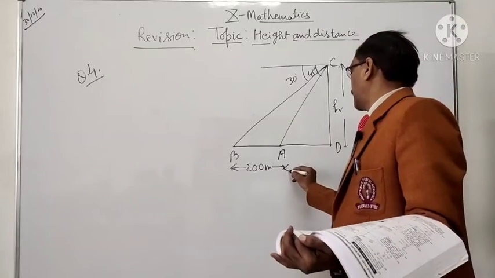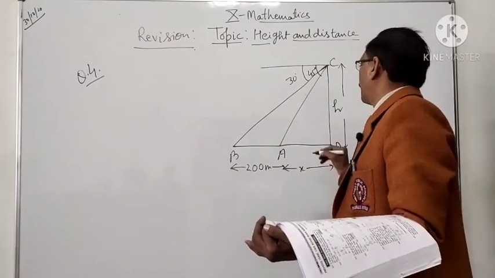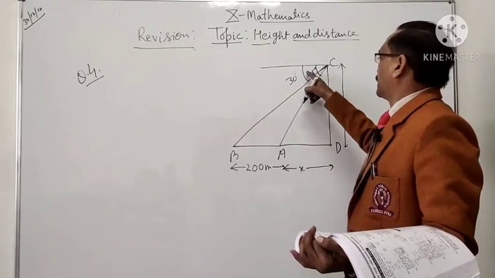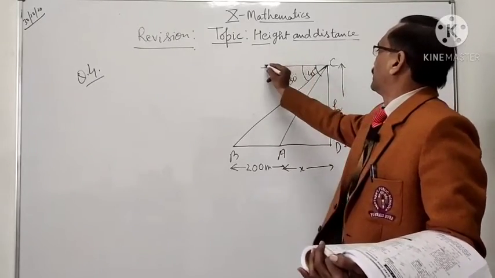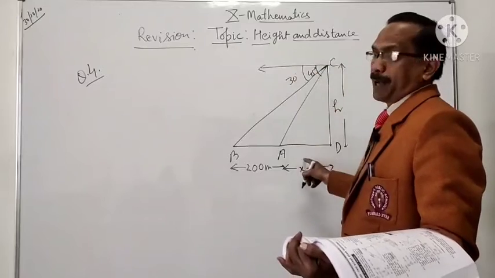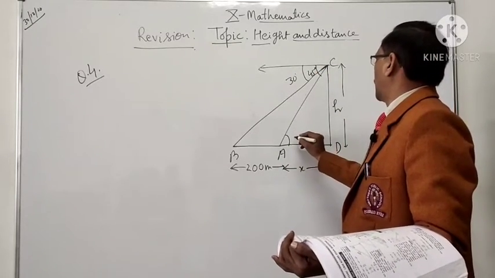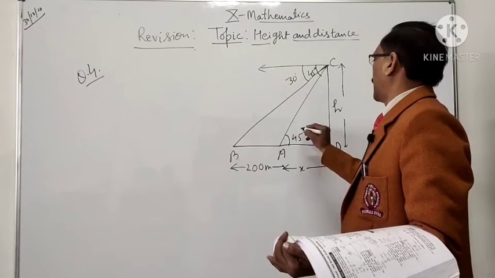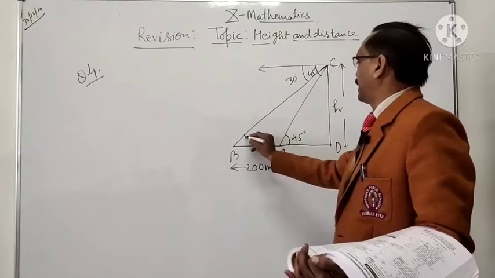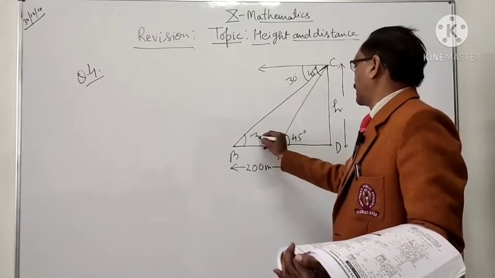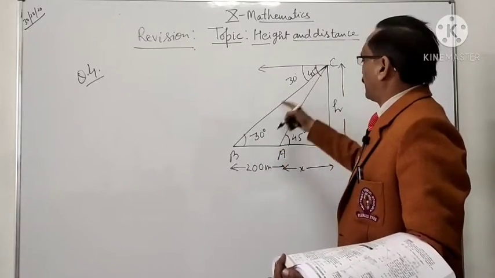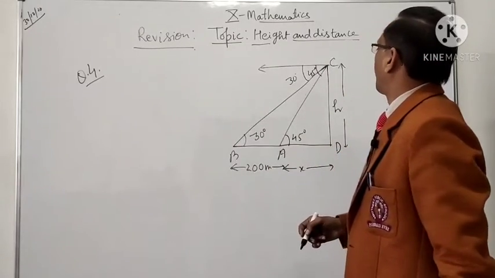Student, let this value be x. Since these two lines are parallel, then AC is a transversal and this angle is 45 degree. These are alternate angles. Similarly, this is also 30 degree. Here BC is the transversal.